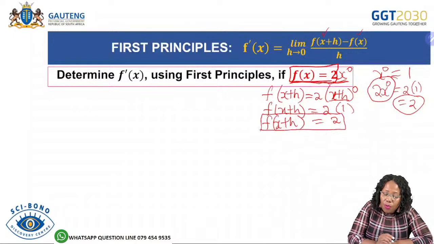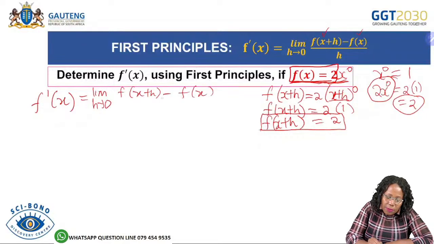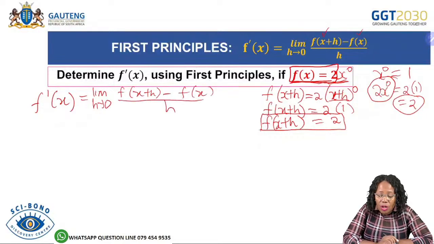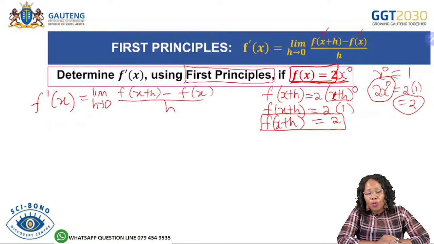Right, now we move to the first principle formula, that is f derivative of x is equal to the limit of h approaching 0 of f at x plus h minus the f at x all over h. When do we use that formula? The minute you see that word first principle on your question.